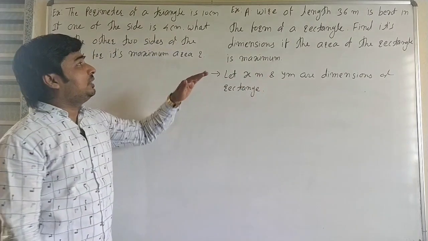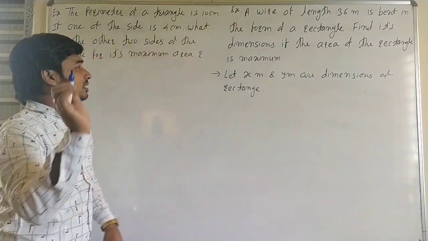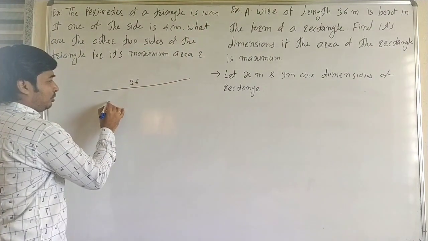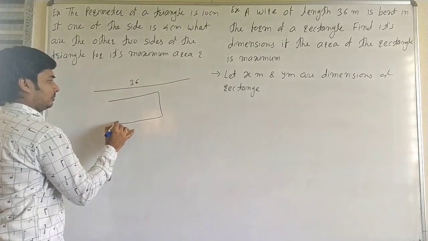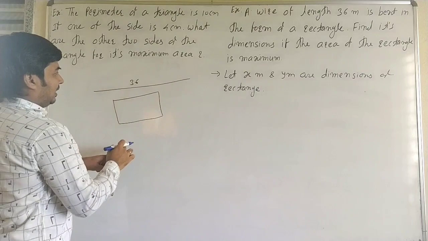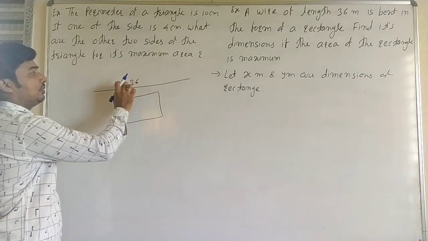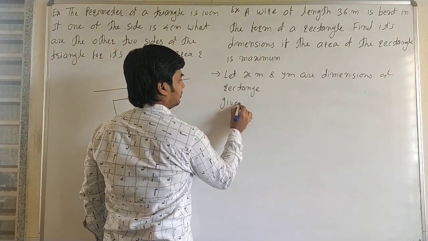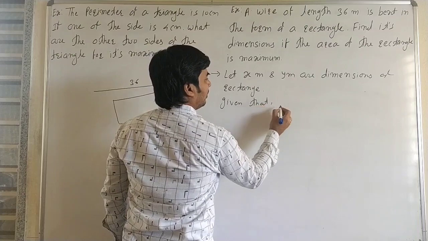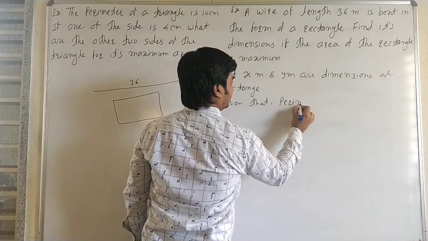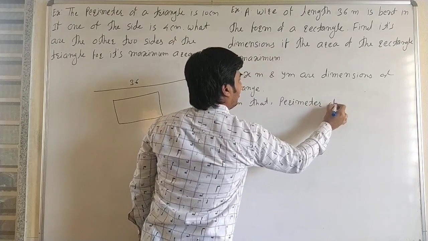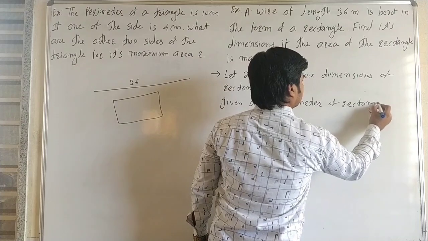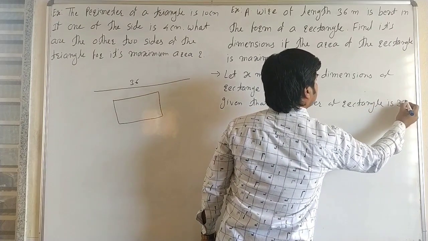Okay. Given that a wire of 36 meter long is bent into the form of a rectangle, that means the perimeter of the rectangle is 36 meter.